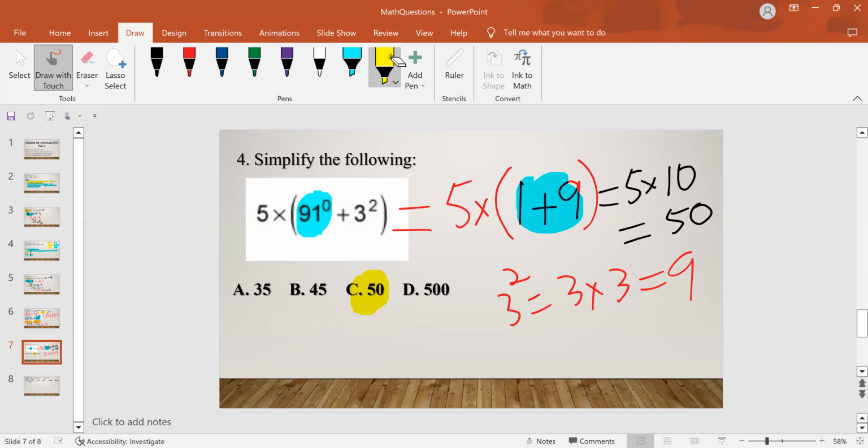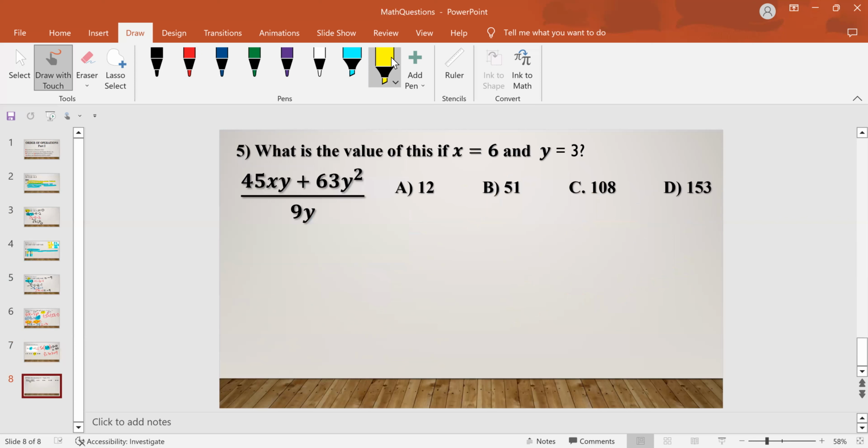Okay, the last question for this video. What is the value of this if x is 6 and y is 3? So again, we're going to substitute 6 into x, 3 into y.